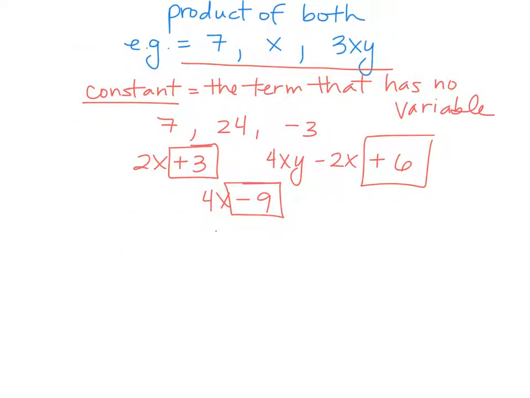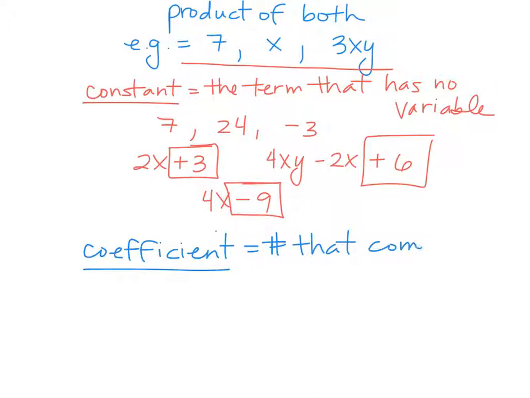Anyone know what a coefficient is? Coefficient. The coefficient is the number that comes before a variable. So number that comes before a variable.